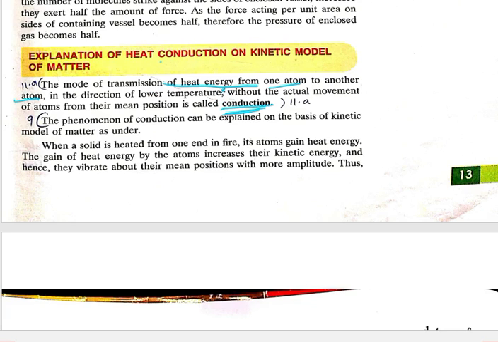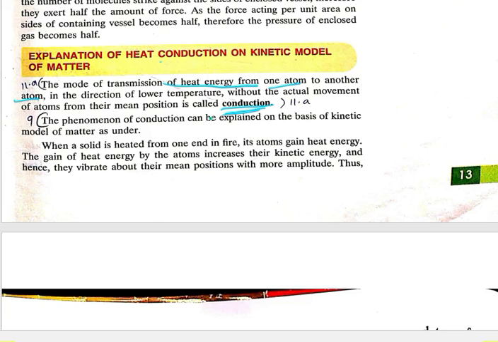The heat will move from hotter to lower temperature without the actual movement of atoms. Generally atoms do not move, but the heat moves from one atom to another, from higher temperature to lower temperature, and that movement of heat without the movement of atoms is known as conduction.